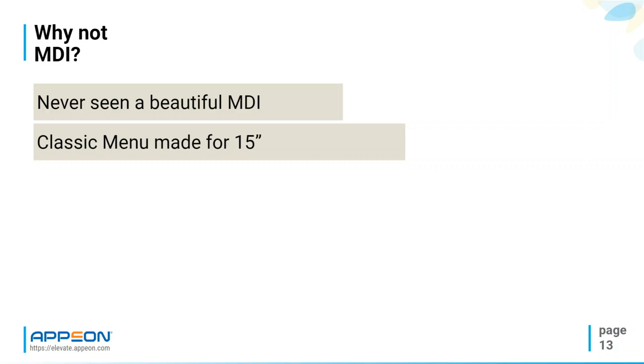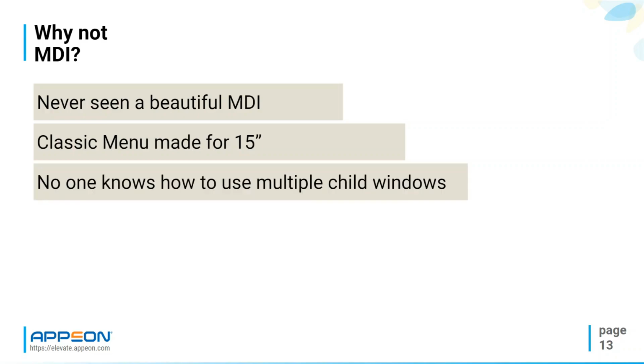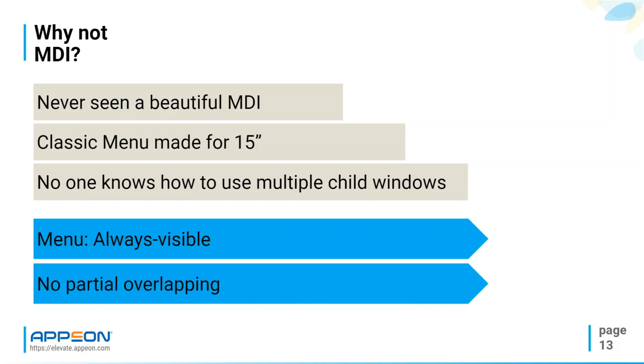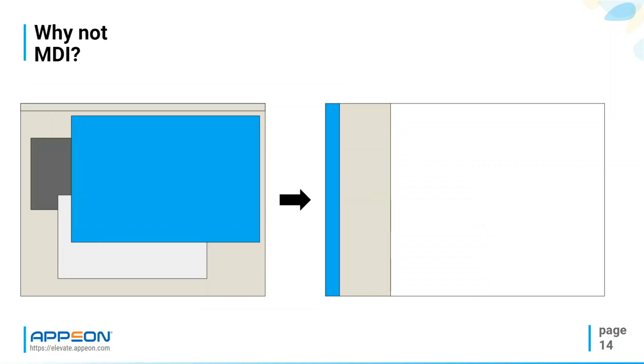You don't need to hide it within that small bar. And then the multiple tiled windows to move around. I just think no one knows how to handle those because they're overlapping each other and you still don't get them to be beneath each other. So I think just one window is usually better. So always visible menu and no partial overlapping. Just to visualize that, I think a design that's based on something like that is just easier to use and looks better.